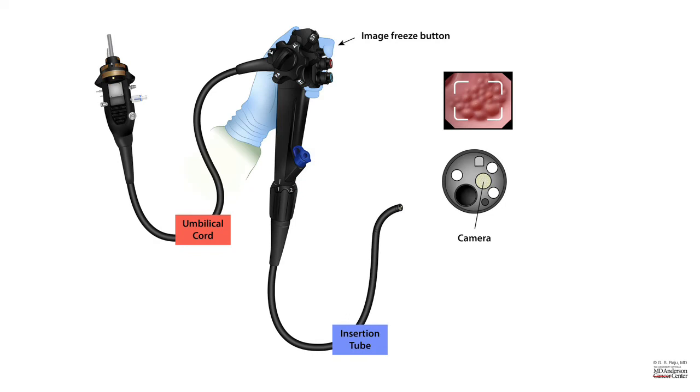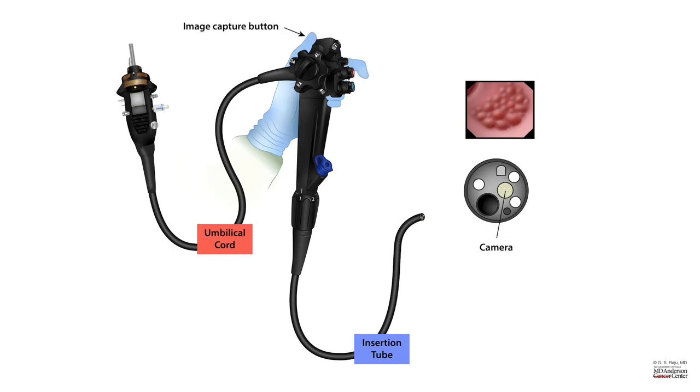You could press one of the buttons on the top of the control section to freeze the picture, take a picture, and change the color or apply the narrowband imaging or one of the special electronic chroma endoscopy buttons and change the way you look at it so that you can define the nature of the problem. And then in some endoscopes, there is a near focus function as well.